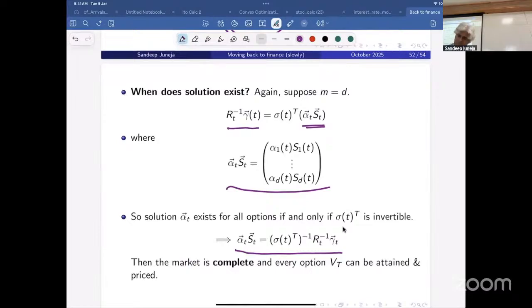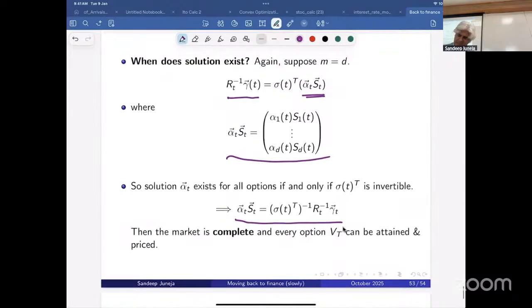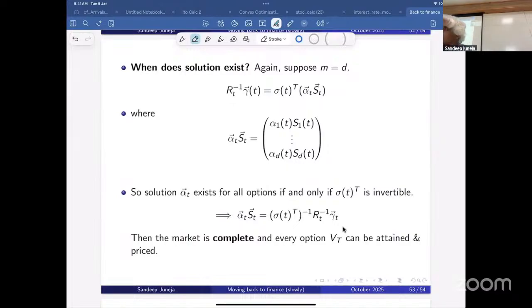Could you go up? Why is this necessary? Well, if it was not invertible, then I can find some option that I cannot price. So it's necessary, and if it is invertible, then I can. Alpha_t was, oh no, bad notation.